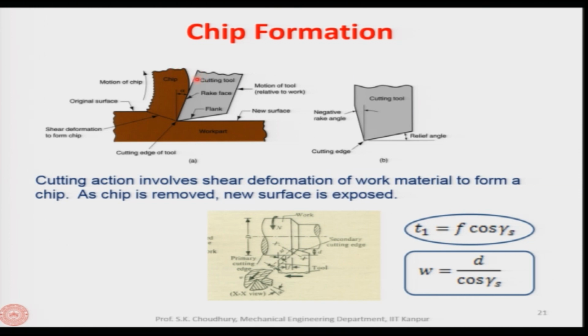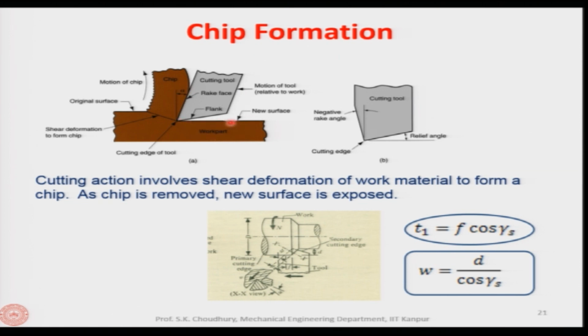In the tool this is the rake face, and the rake face makes an angle with a line perpendicular to the cutting velocity vector, which is called the rake angle, that we will be discussing in detail afterwards.